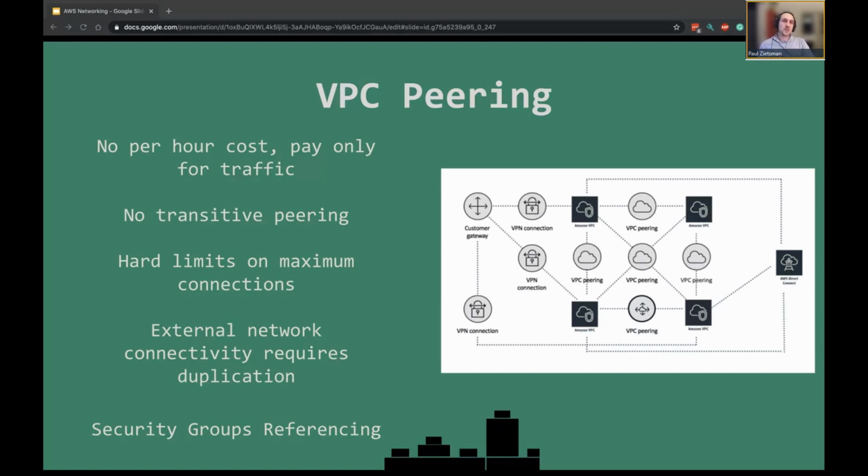So VPC peering is not something that we looked at for a global network topology, but a very handy thing. Most recently, where I used it is with Confluent Cloud. You can connect to your instances using VPC peering.